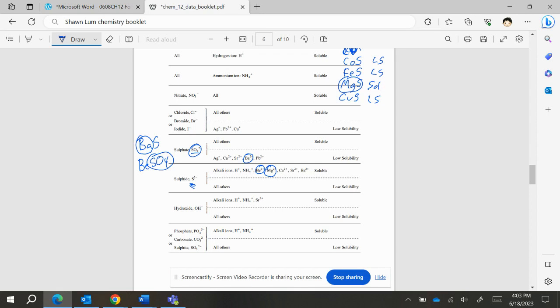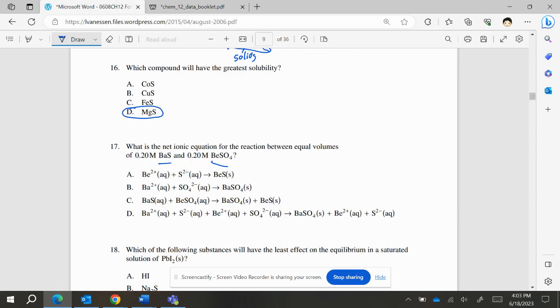Everything else is a spectator in this case. Everything else, Be and S, get rid of them, because we're dealing with the net ionic equation. That means get rid of anything that is not part of the reaction.